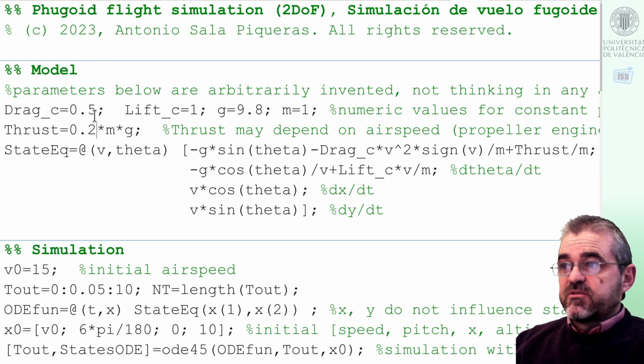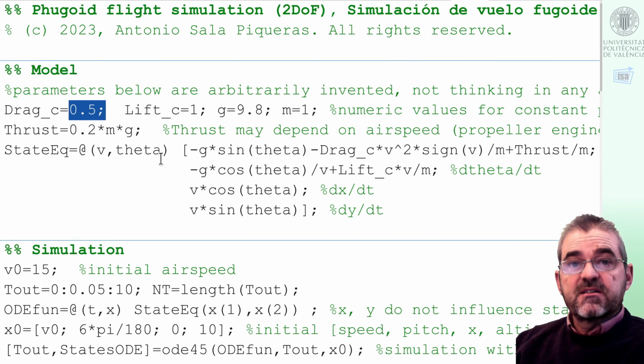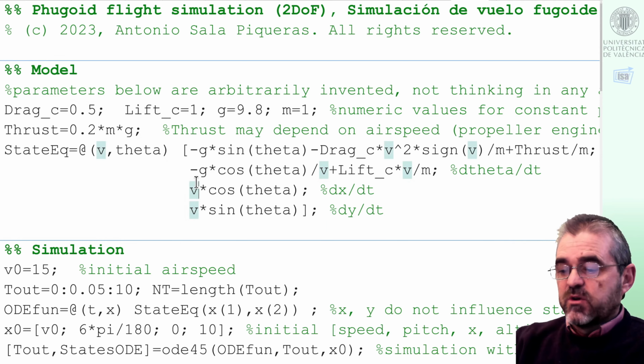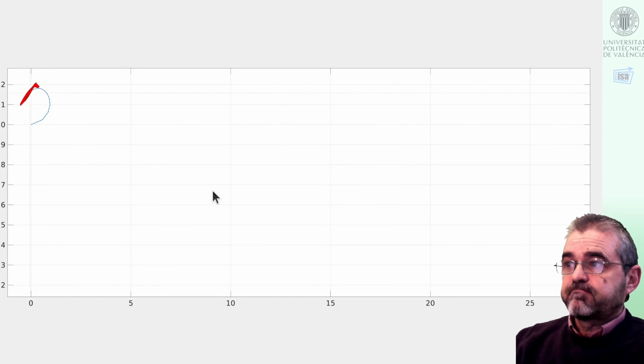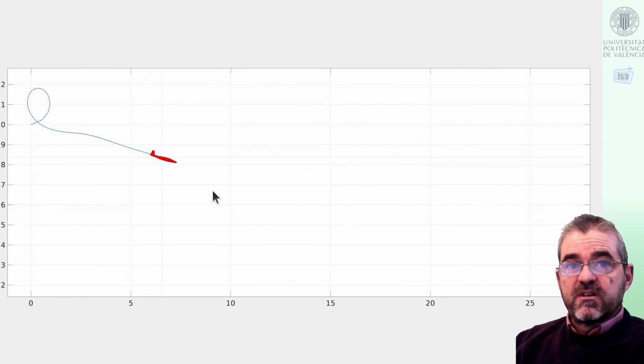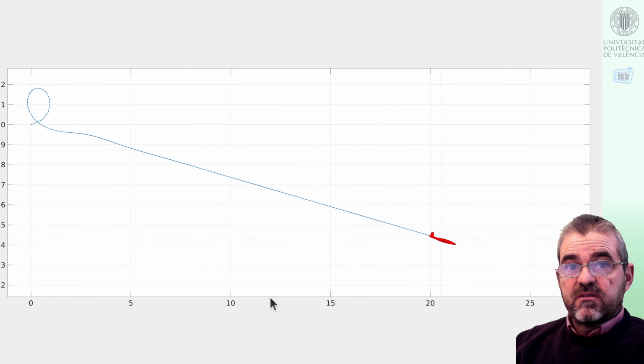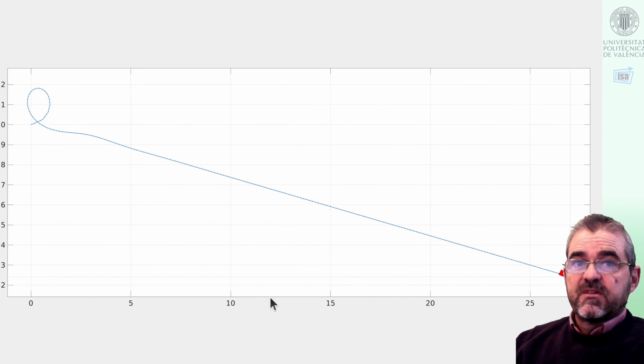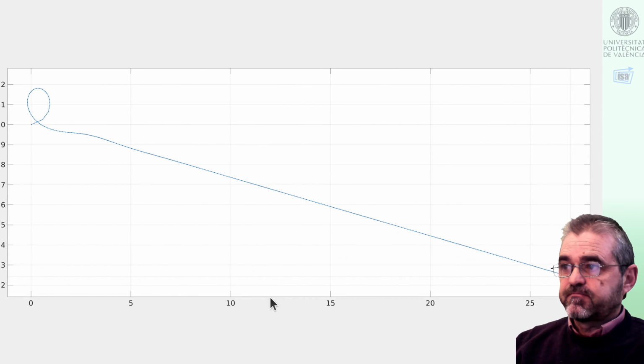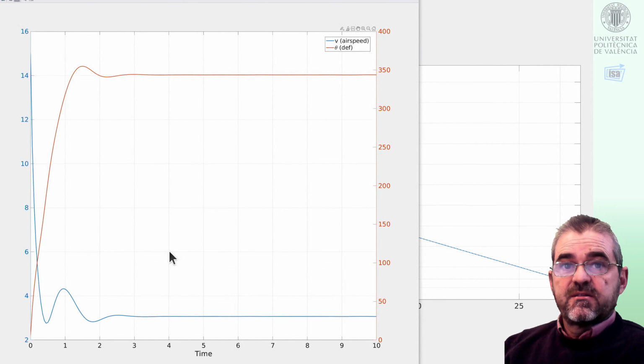Also, if drag is higher, then there is more energy loss. And usually the behavior is much more damped, so it's more stable. You can see here how oscillations disappear in a couple of seconds.